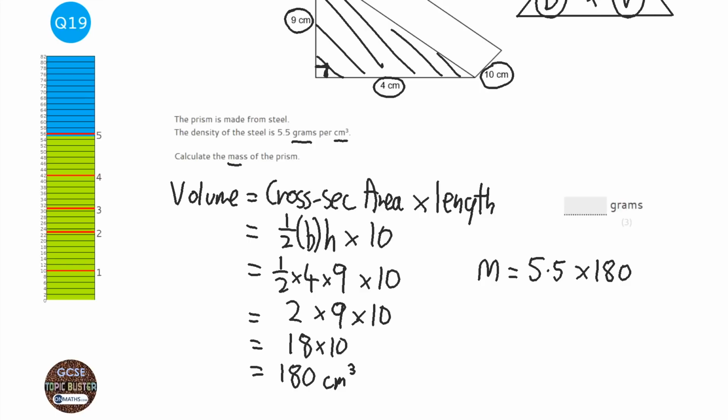If I have a calculator, I can just type that in. Otherwise I could do 10 times 180, which is 1,800, then halve it, which is going to be 900, and then half times 180, which is 90. So that's 990. So the answer is 990 grams.